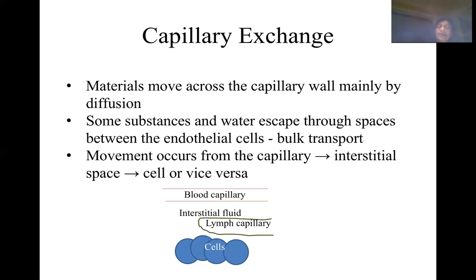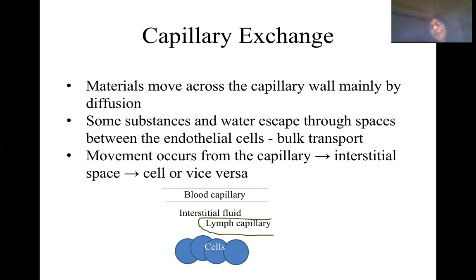Now, the next point we need to address is, exchange of substances occurs in what way? Is it diffusion? Is it osmosis? Is it active transport? Is it primary active transport? Is it secondary active transport? Well, those are all possible.